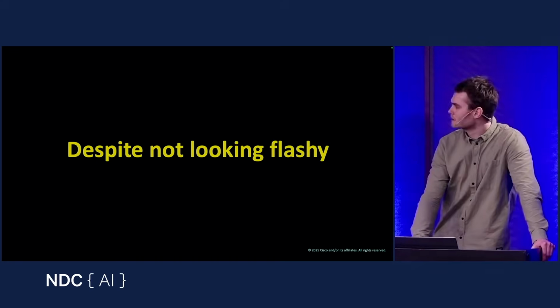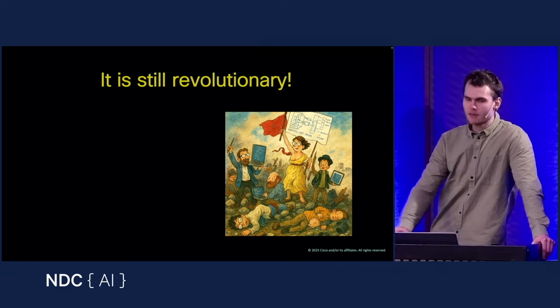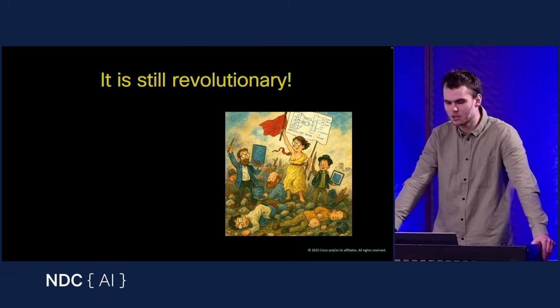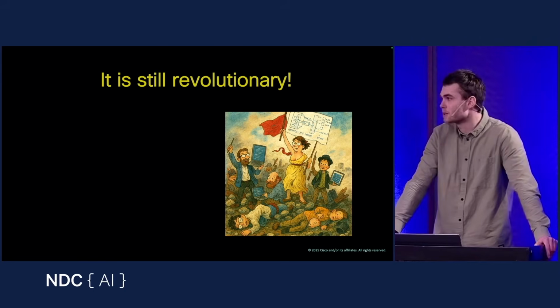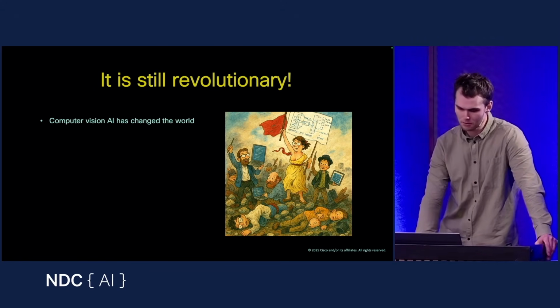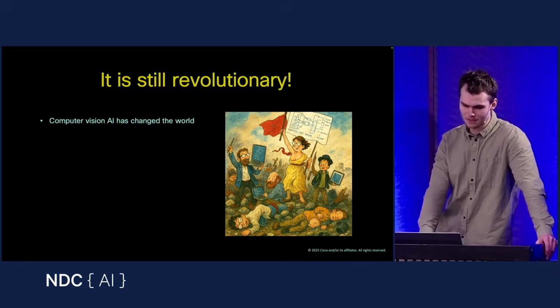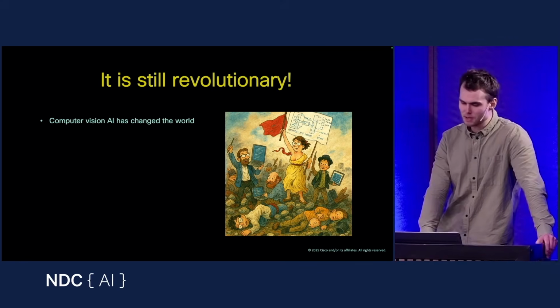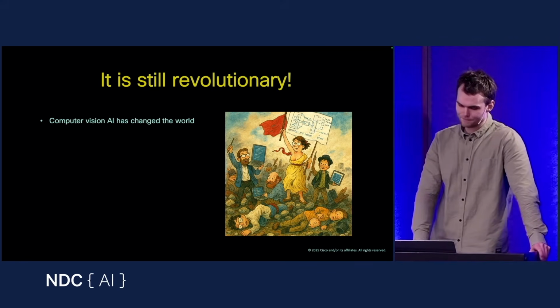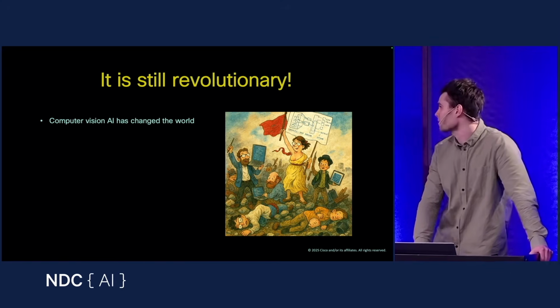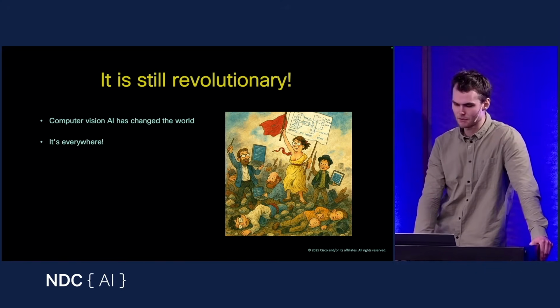But despite not looking flashy, I think that what computer vision models have been doing for the past 13 years has been revolutionary. But it didn't really happen overnight. As they've been maturing, they've made their way into all kinds of industries. They're almost everywhere.